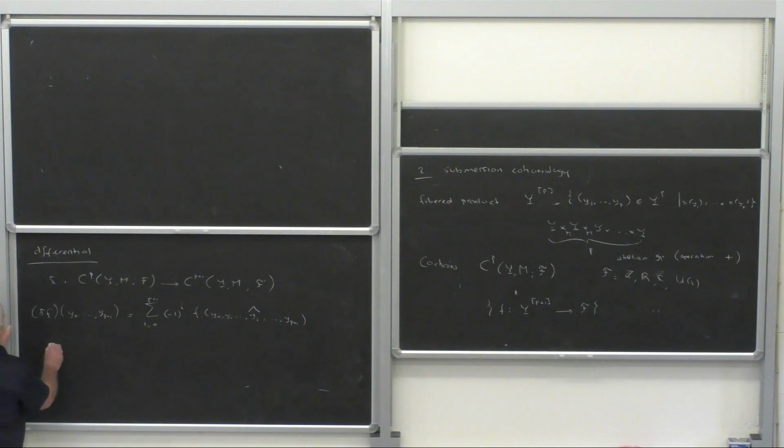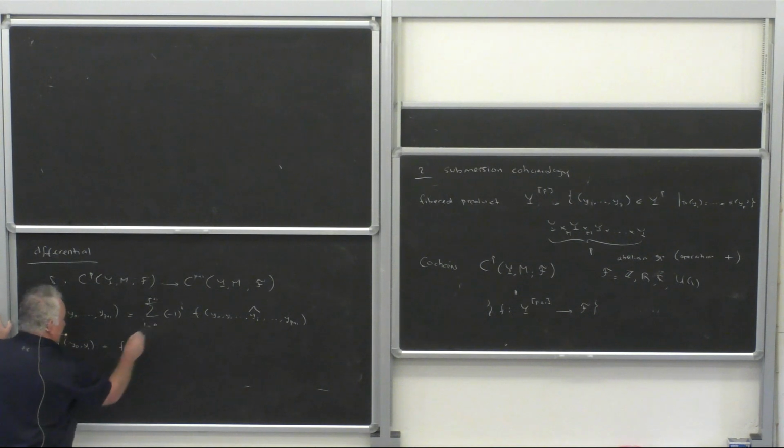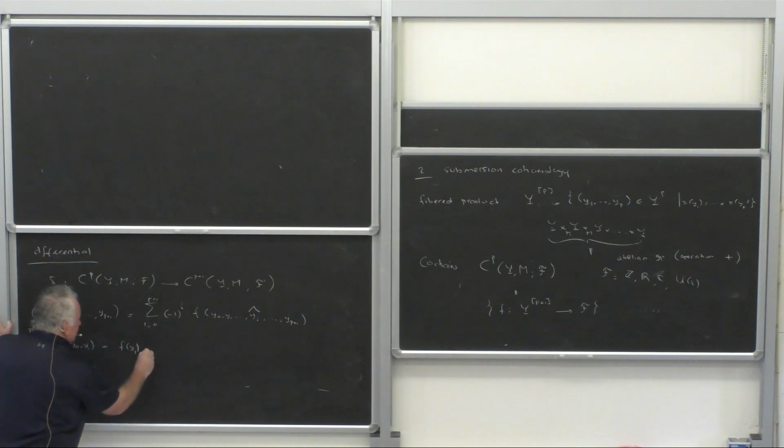So in particular, say for p equals 0, then I have δf(y0, y1), and that's just given by f(y1), which is the first term where I omit the y0, minus f(y0).